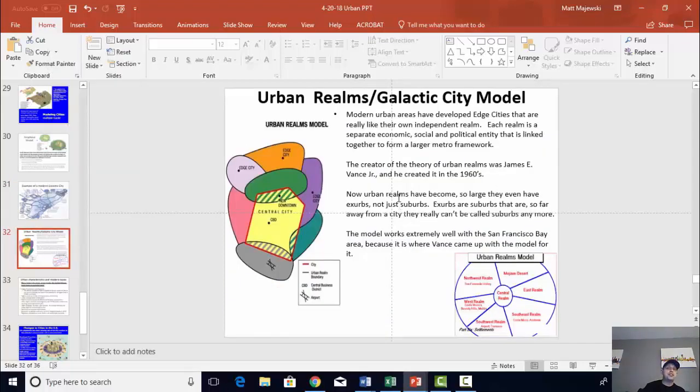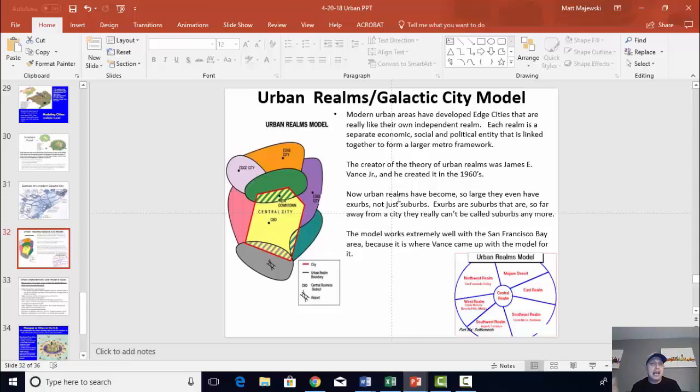Now, what's this urban realms? Urban realms is when those edge cities that we just talked about become so significant and so independent of the CBD, of the central city, that they're almost independent completely and no longer connected to it in any way. Each realm or edge city develops its own suburbs.